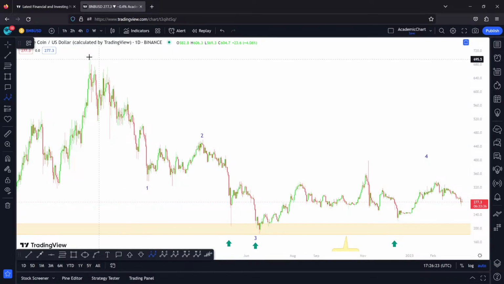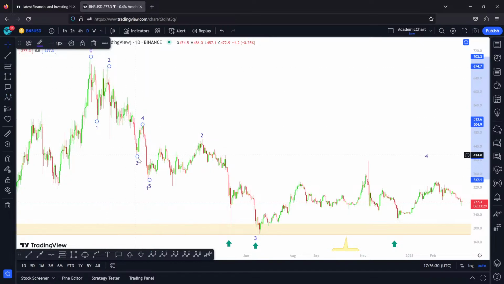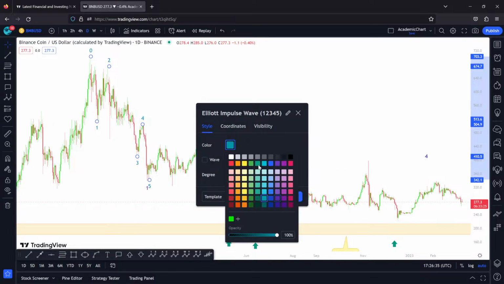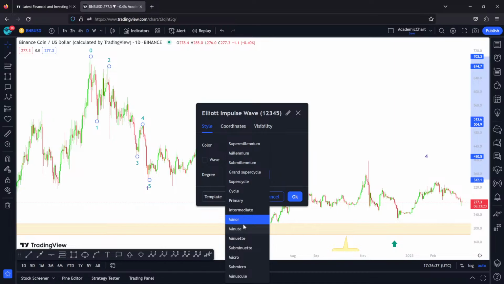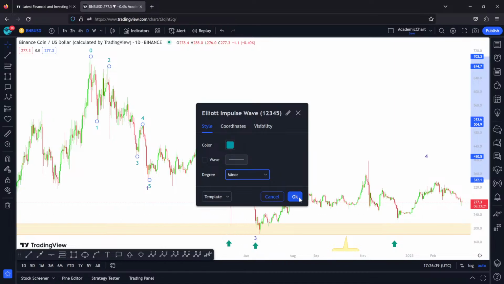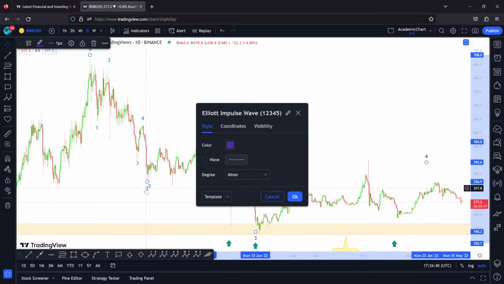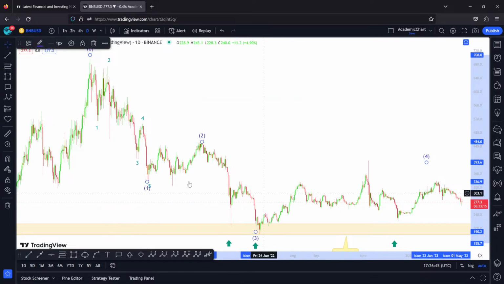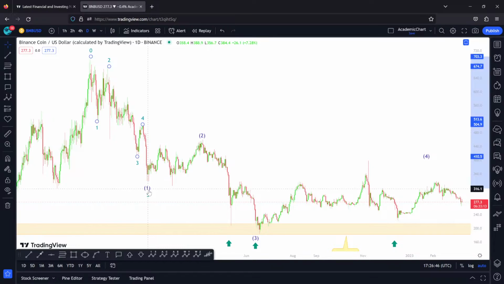Let's just say that it is probably 1, 2, 3, 4, 5, but not primary, because this is a part of the first wave. So I will call them minor, and let's change the previous main wave to intermediate. So now we have 5 minor waves that created this first wave.